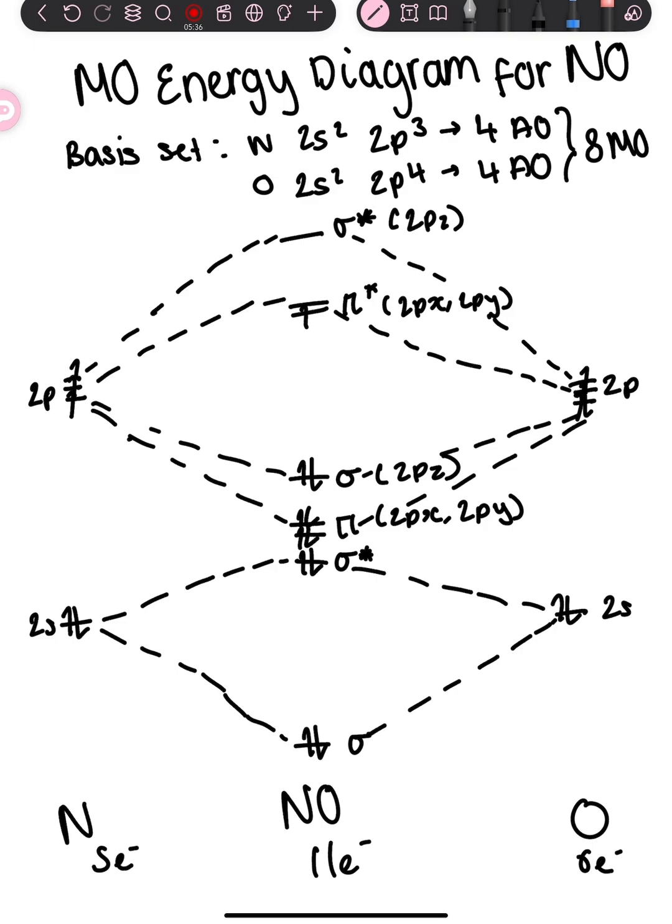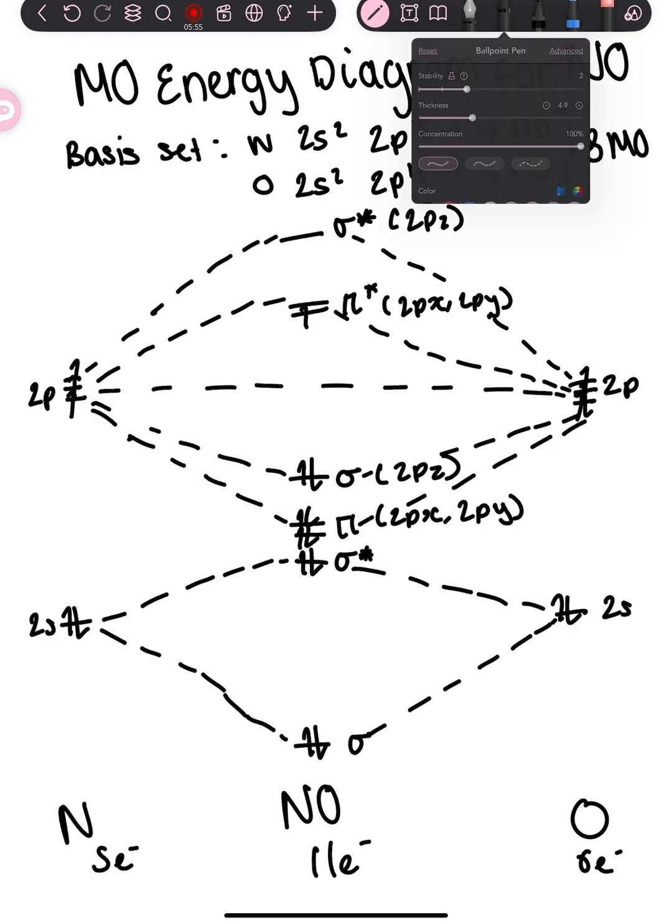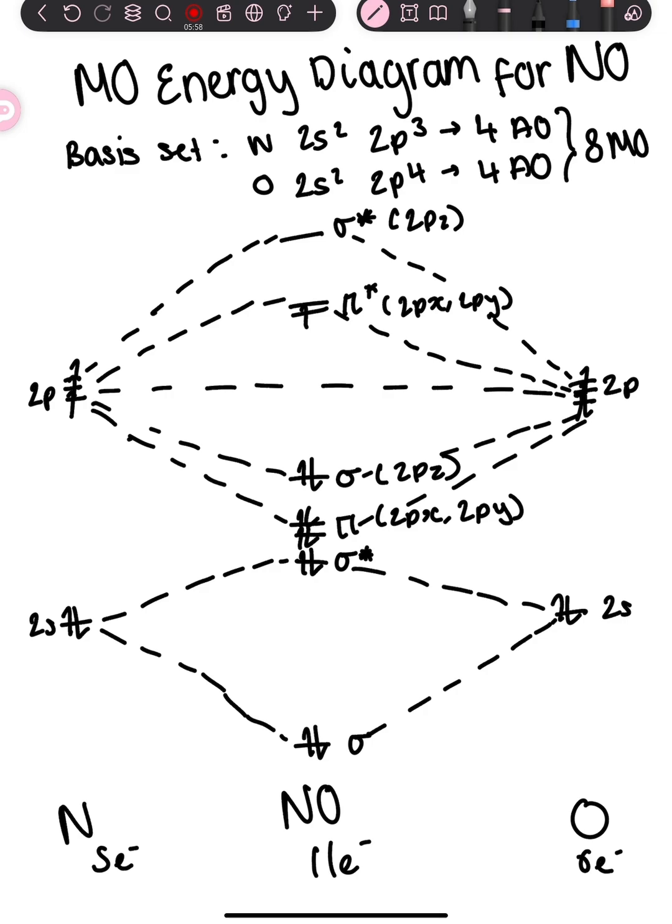Just as a quick little tip for you, when you're doing your own molecular orbital energy diagrams, the antibonding should always be higher, or in easier terms, a bigger gap from the 2p's, than the bonding orbital. However, I've not done it on this diagram. As long as you make a note of it, you should be okay.